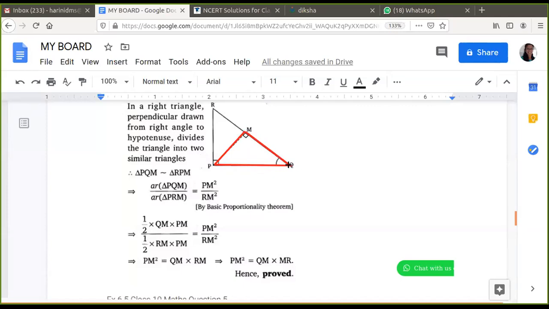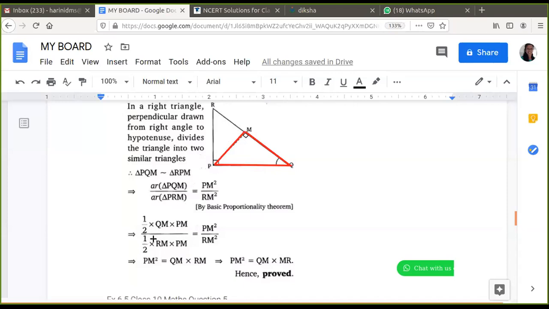Okay. So that is the triangle I'm concentrating on. I'm trying to find the area of this triangle. So area of triangle PQM where PM is the perpendicular and QM is the base. So you have half, base and height. All right. Similarly, go to the second triangle, the unshaded triangle. Now your right angle is once again here. So RM will be the base and PM once again will become the altitude.